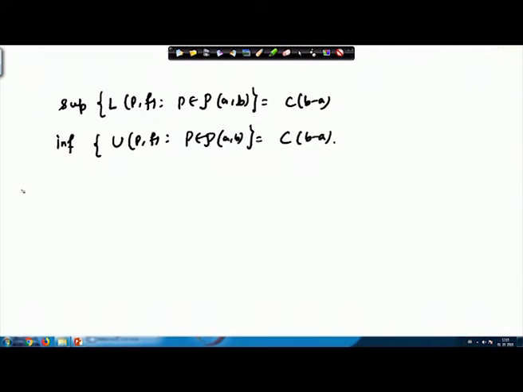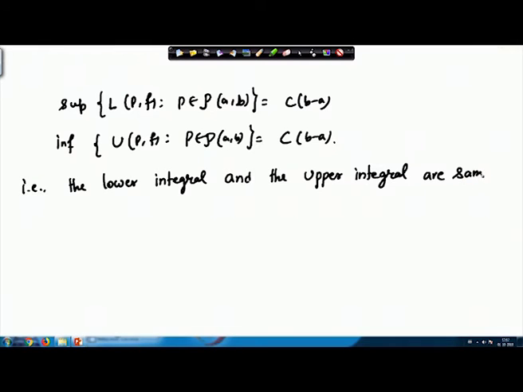So, that means the lower integral and the upper integral are same, which means integral a to b f is equal to integral a to b f is equal to c times b minus a, and since they have a common value, which is basically c times b minus a, this is the Riemann integral of the function f on the closed interval a b.